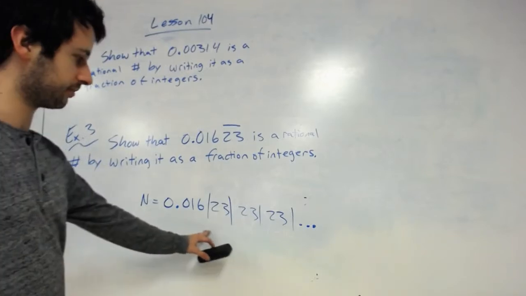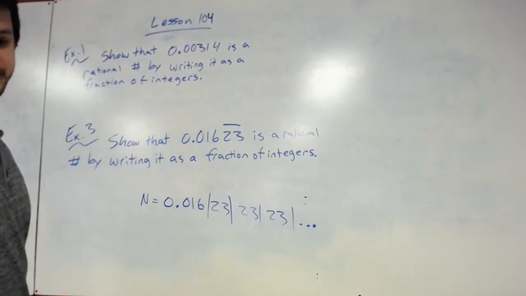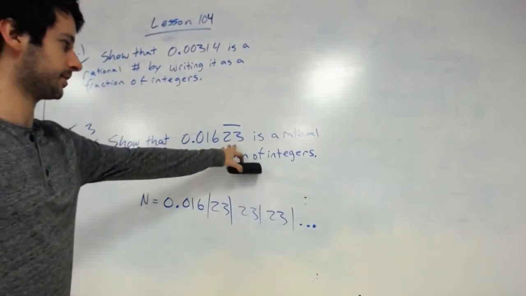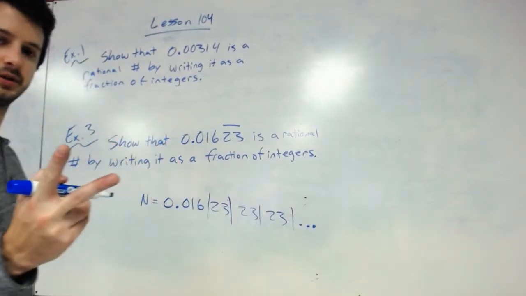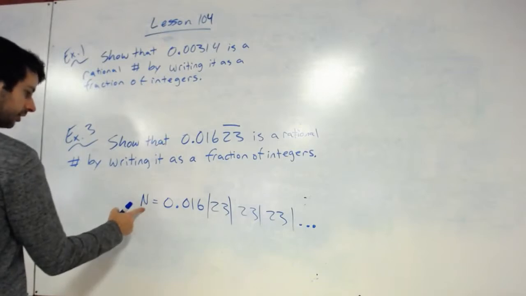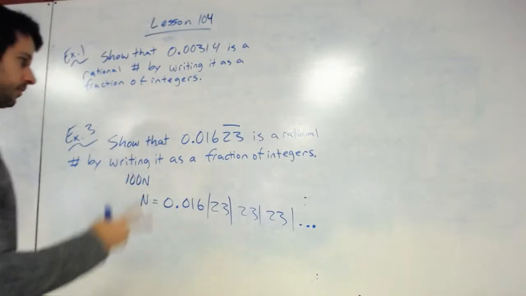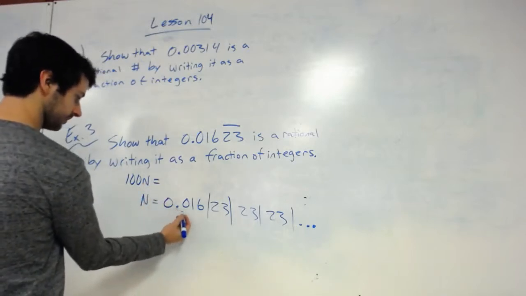That is me writing this number in expanded form. The next step is to look at how many numbers were being repeated. In this case, 2 numbers are being repeated. So I'm going to multiply my number times 100, because I want to move that decimal twice.